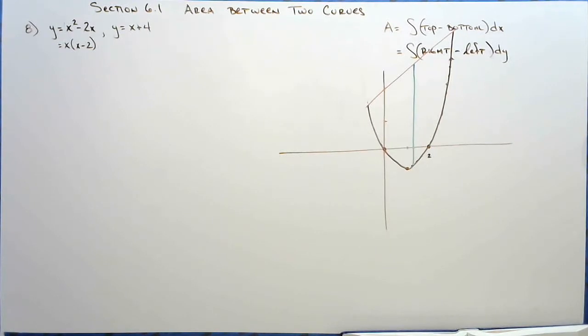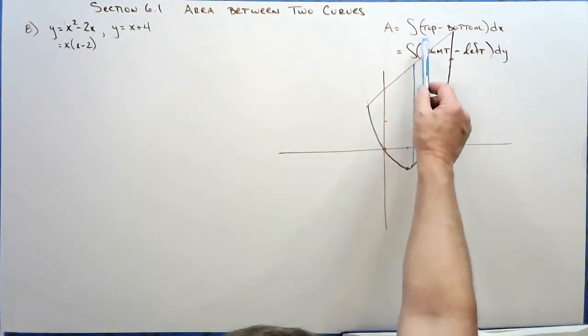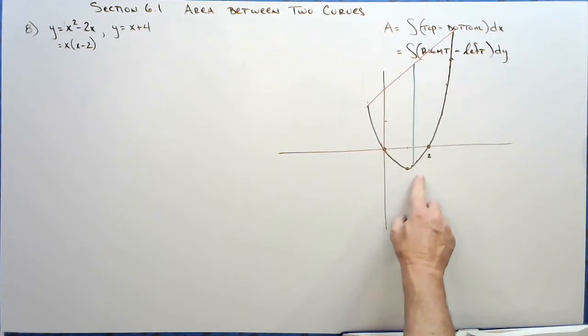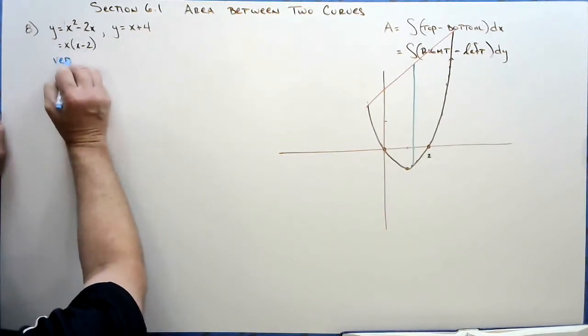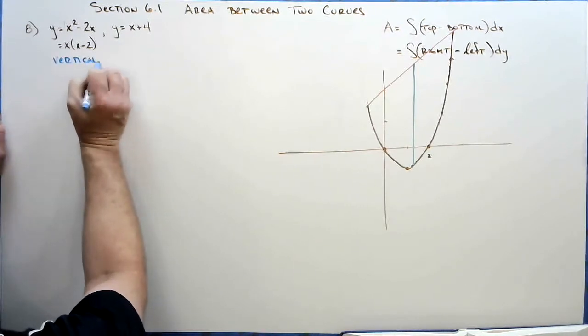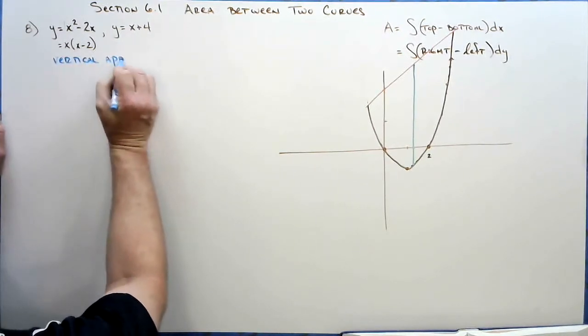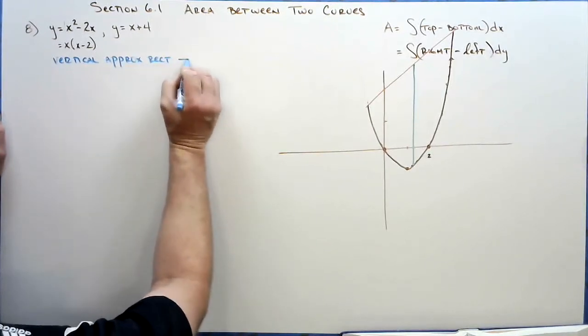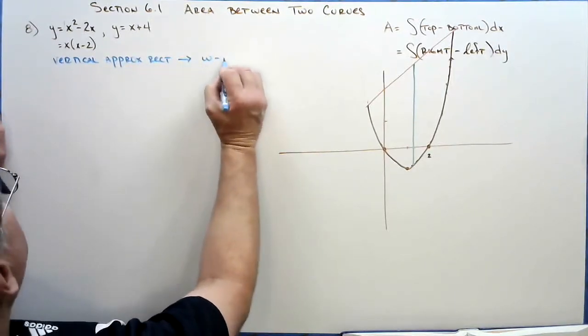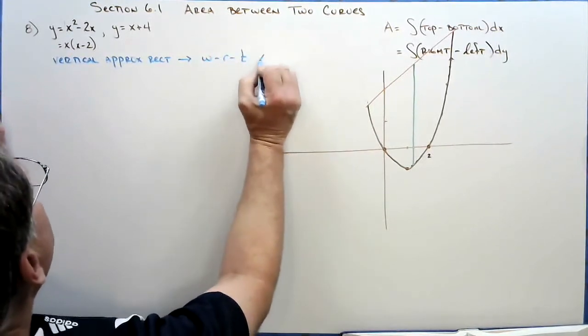Now, what does that tell me? Well, if I'm using vertically, then I'm going to integrate with respect to x, right? We have a vertical approximating rectangle, and that means that we're going to go with respect to x.